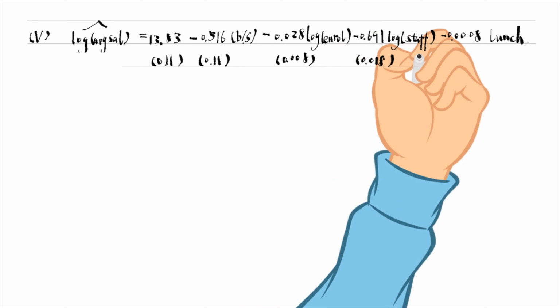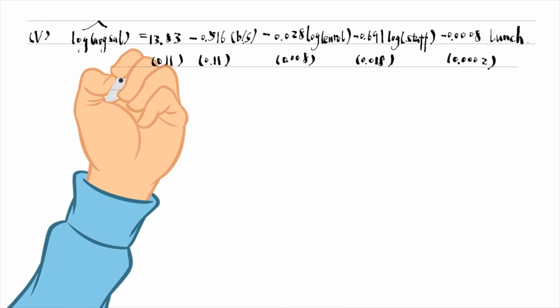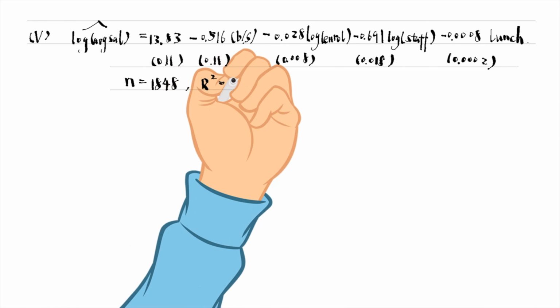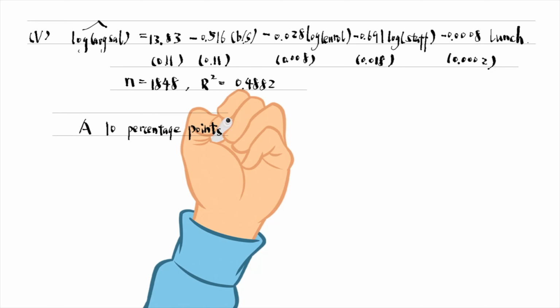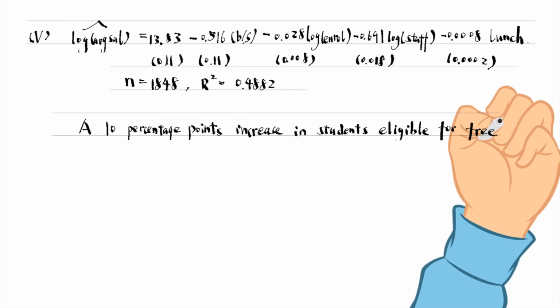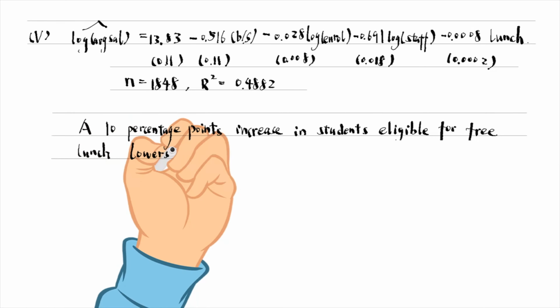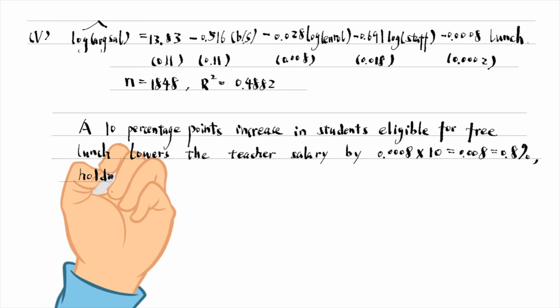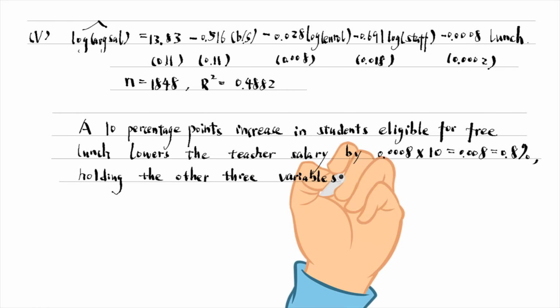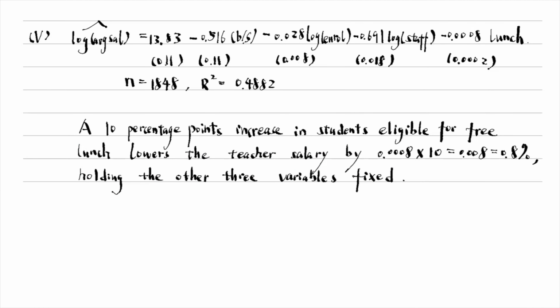A 10 percentage points increase in students eligible for free lunch lowers the teacher's salary by 0.8%, holding the other three variables fixed. It is statistically significant, and it implies that teachers are not compensated for teaching students from disadvantaged backgrounds.